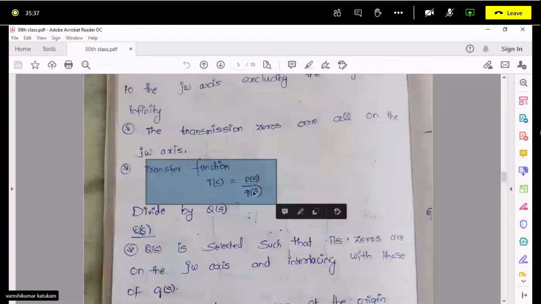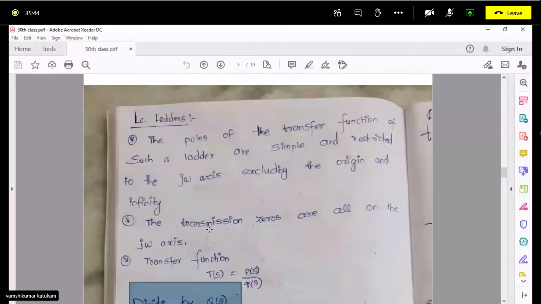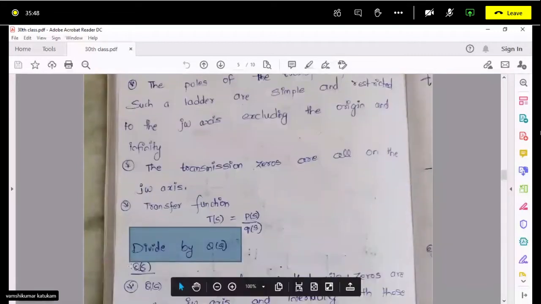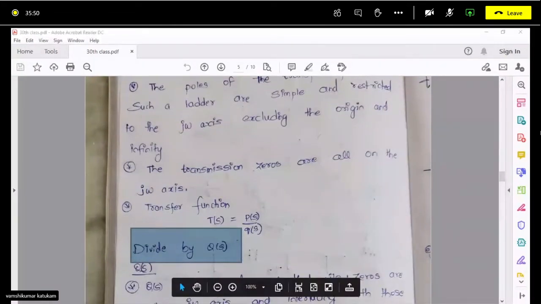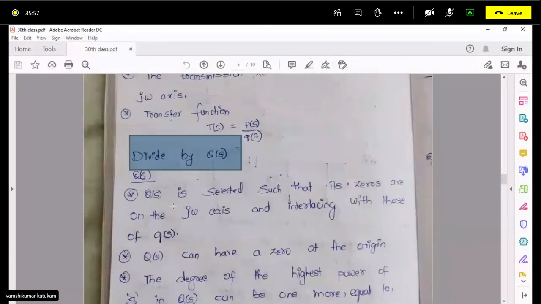So we divide by capital Q of S. If you see the RC ladder also, we have conditions for capital Q of S. How to select capital Q of S? Here also we will have some conditions.